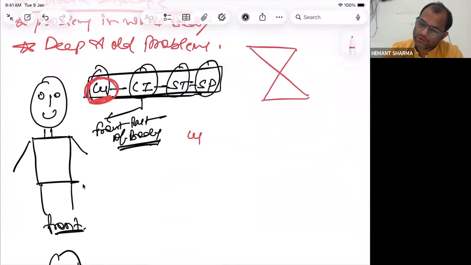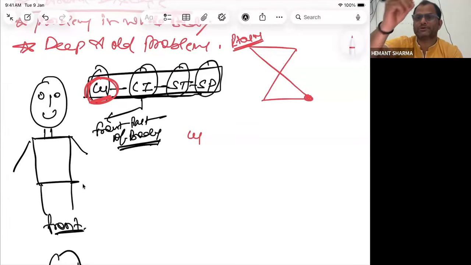Okay. So the right arm has the problem, so let me start from the cross pattern. Cross means from the right arm, this line is going to the left leg.